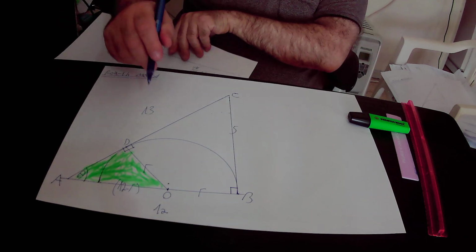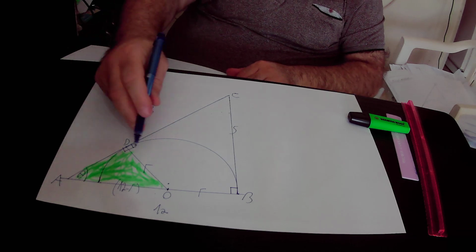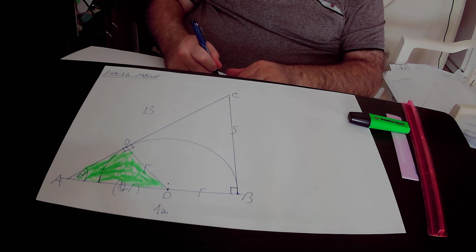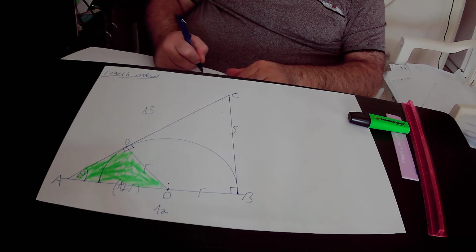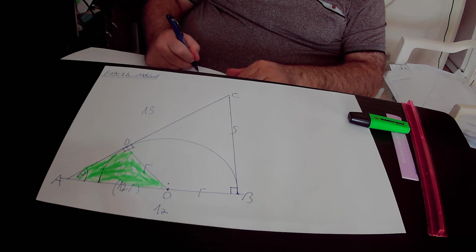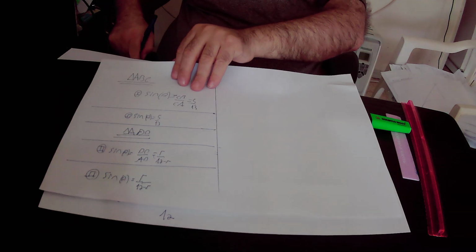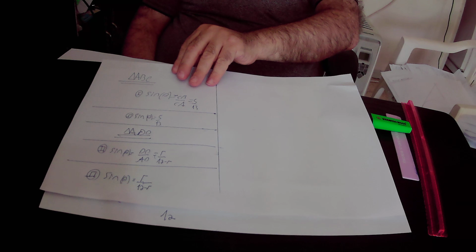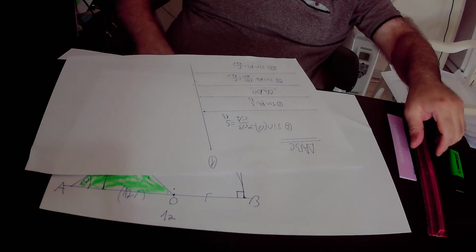But we know that DO equals R and AO equals 2F minus R. So in conclusion, according to equation number 2, sine theta equals R over 2F minus R. In the next step, we will create equation number 3.